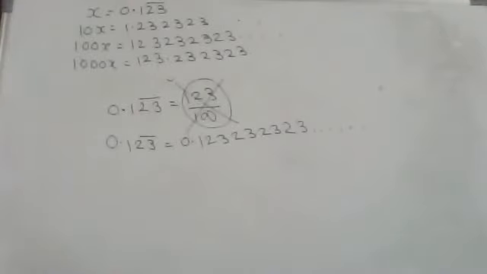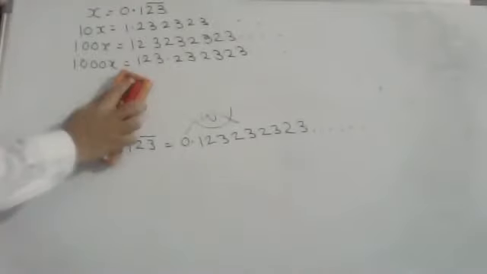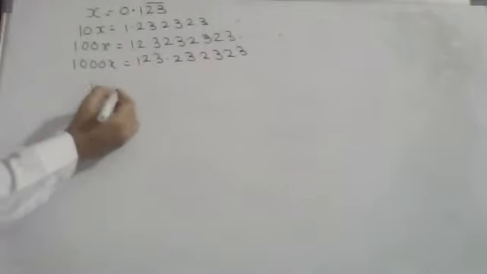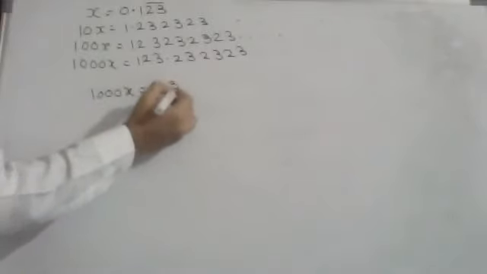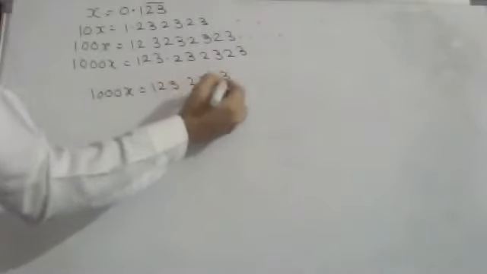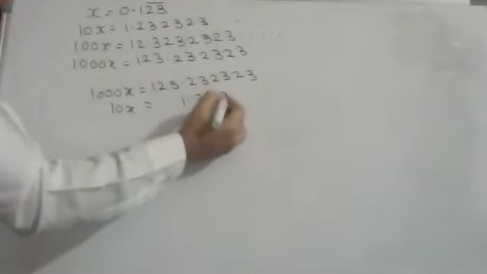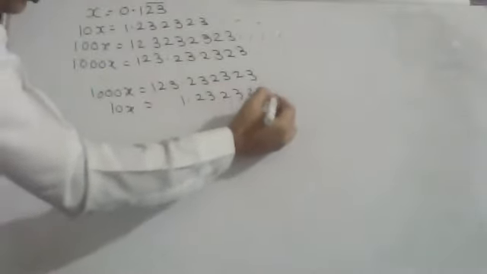In such a case, if I subtract 1000x minus 10x, what is 1000x? 123.232323. 10x is 1.232323 and so on.